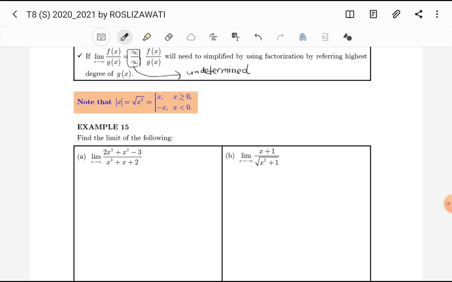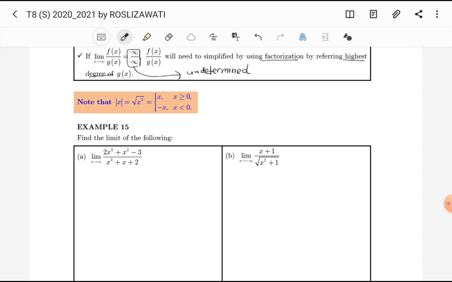So dia tu undetermined. So now kita akan cuba simplify by using factorization of the numerator and the denominator. We factorize the highest degree of numerator and denominator.